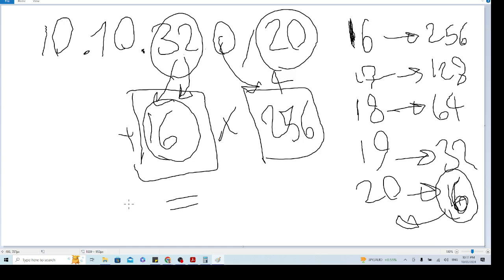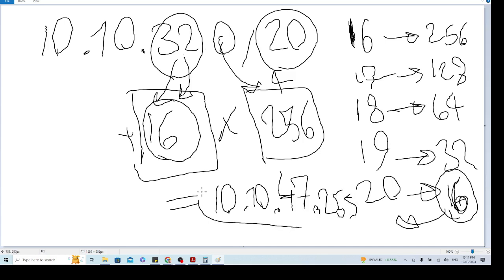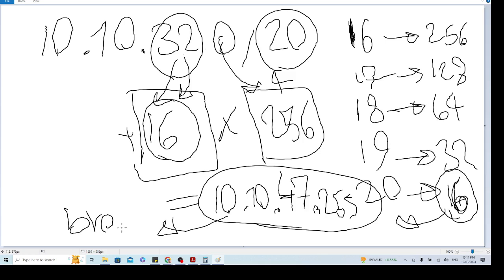So what is the last IP address before reaching that 48? It is definitely 10.10.47.255. So this is your broadcast IP address. So don't forget this magic number.